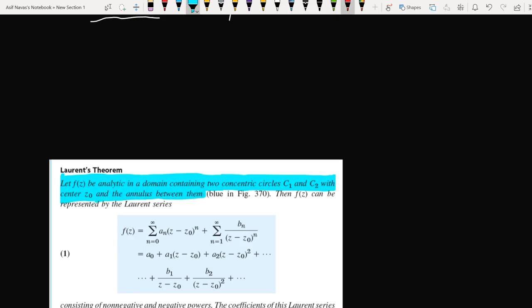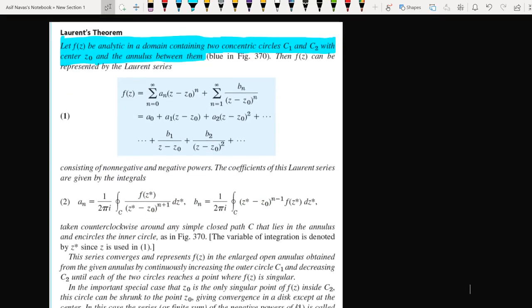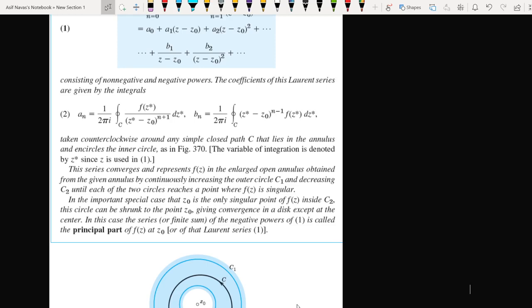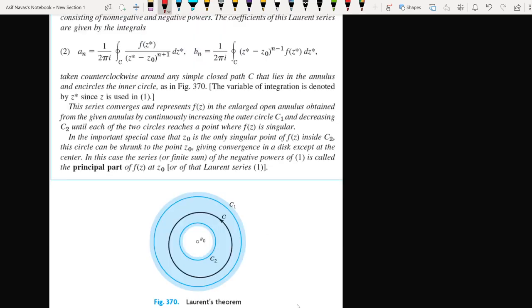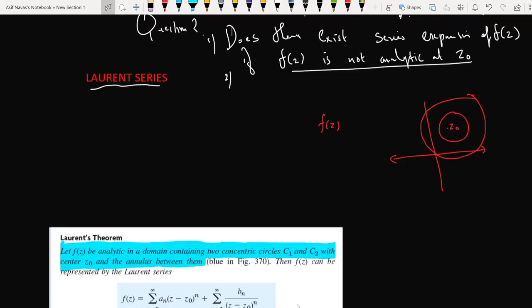That means we have a function f of z, and Z0 is a point here, and we have two circles. This circle is C2 and this circle is C1.